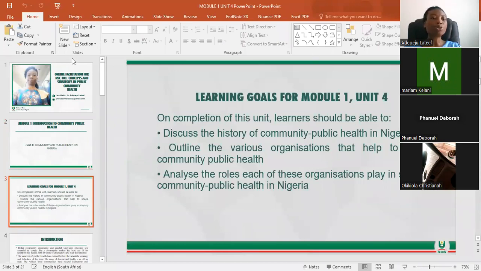And for this Unit 4, we have the following learning goals. I would like one of us to share the learning goals, as you can see from the screen. Who is able to share with us the learning goal for this unit? Deborah.